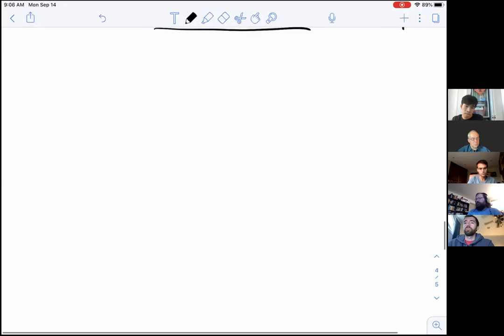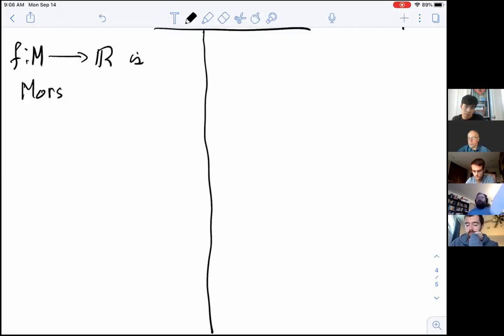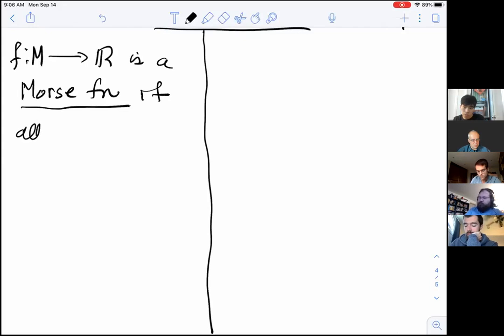Okay, so it's time to go back to the definitions now. A function f from a compact smooth manifold to the reals is a Morse function, or is Morse, if all critical points are non-degenerate.